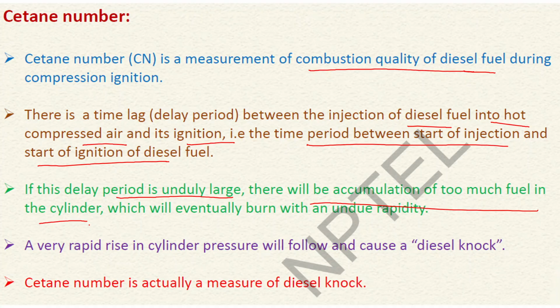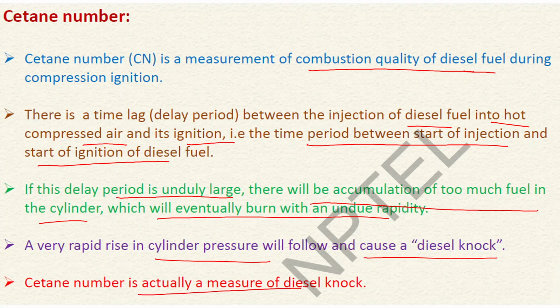Then a third, likewise, so there will be accumulation of too much fuel in the cylinder, which will eventually burn with undue rapidity and lots of pressure. It will create thrust on the cylinder walls, and it will cause a diesel knock. Okay, so cetane number is actually a measure of diesel knock. Okay.